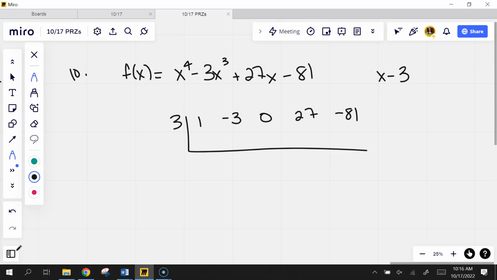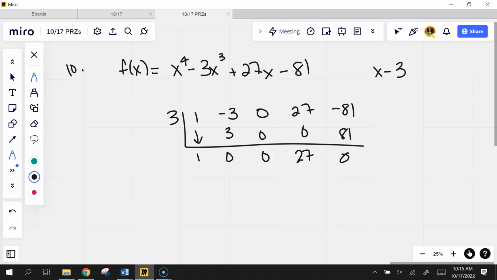Oh, notice this is a quartic this time. And I better get 0 for my remainder because it told me that it was a factor. So 1, 3, 0, 0, 0, 0, 27, 81, and 0. Nice.